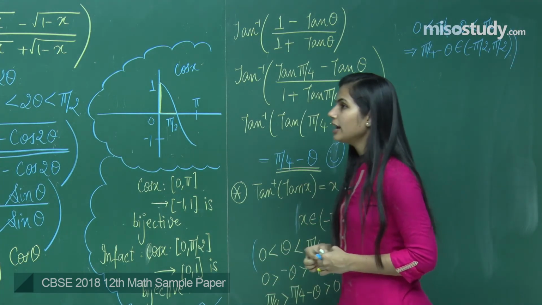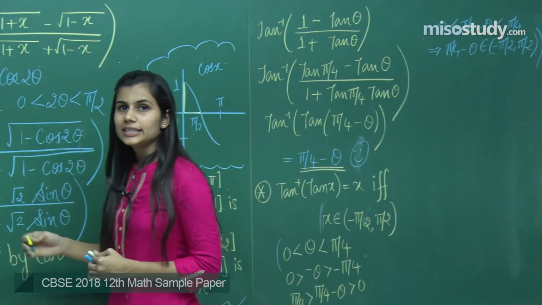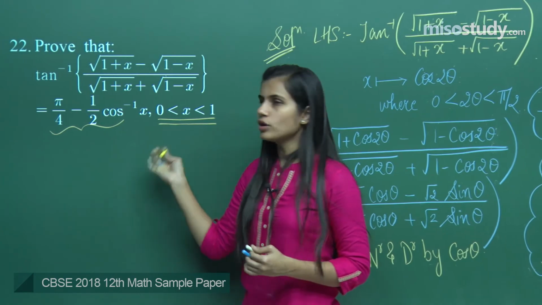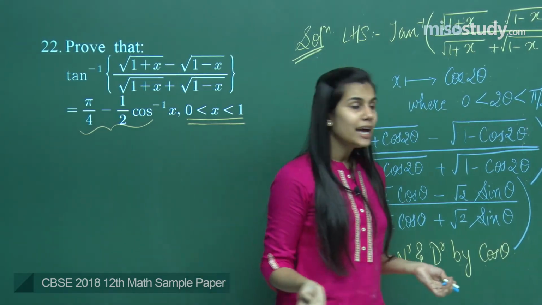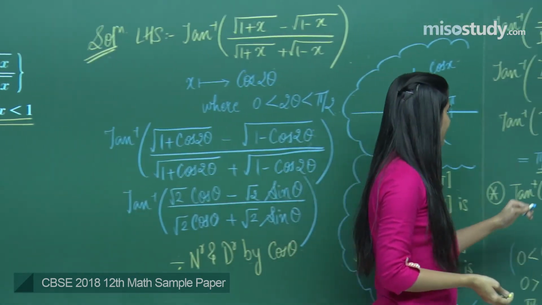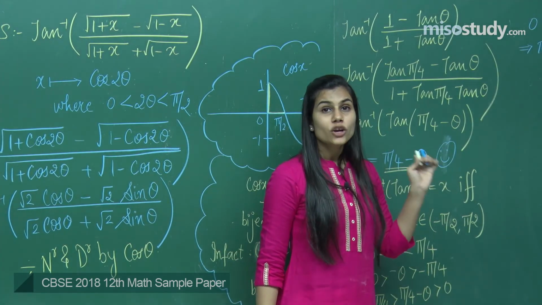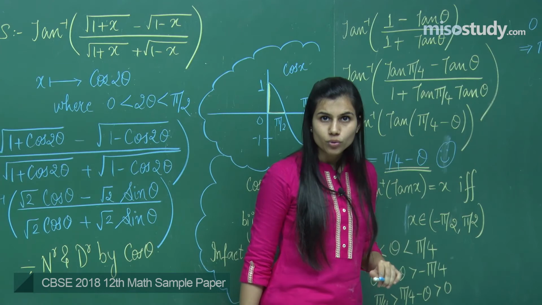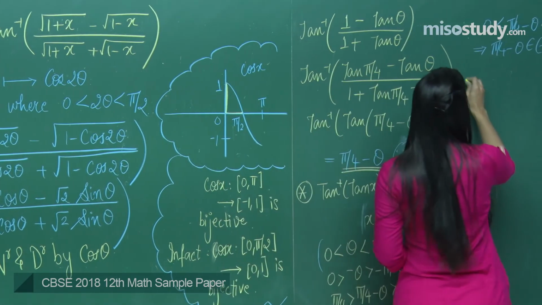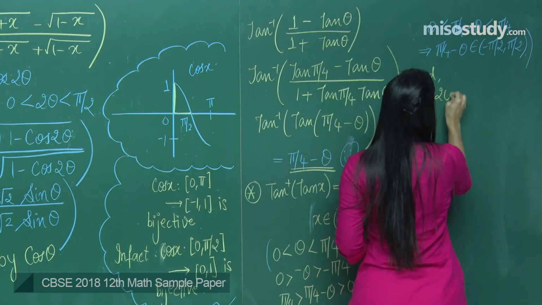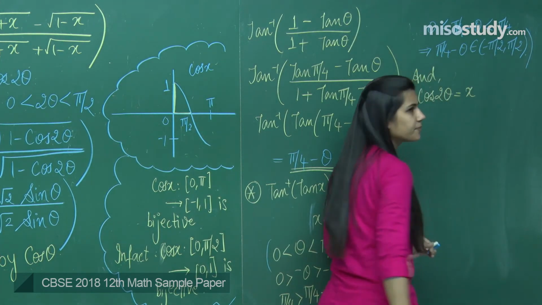Now, over here I wanted to show that the left hand side is equal to pi by 4 minus half cos inverse x. What I have got is pi by 4 minus theta. Somehow this theta has to turn out to be cos inverse x divided by 2. How do we do that? Well, obviously, I know cos 2 theta is x.